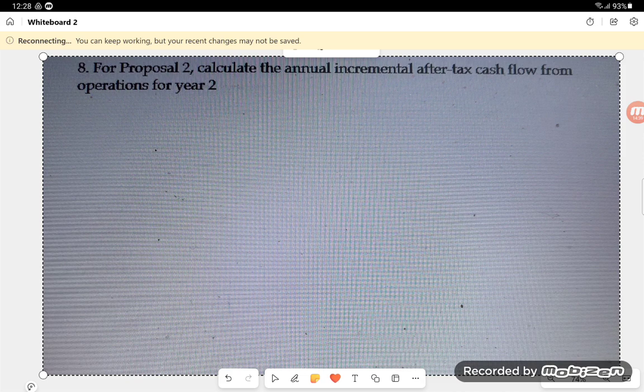Number 8. Calculate the annual incremental after-tax cash flow from operations for year 2. Here we have to calculate the annual after-tax cash flow for the old and the new. Let's start with the old.